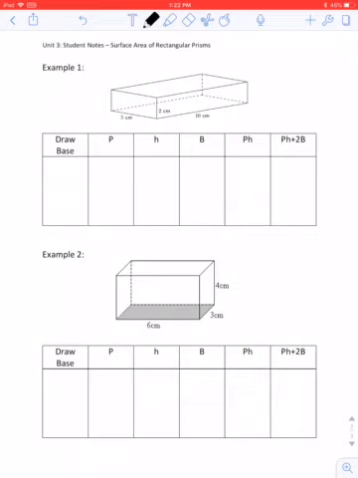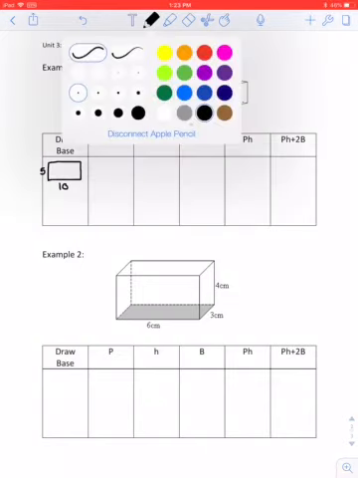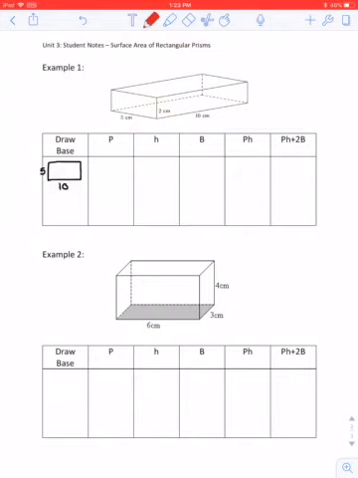So we're going to draw our base. That's the first column of our table. It's going to be a rectangle. But remember what I said, none of these sides are shaded, so I can assume that the base would be where the rectangular prism is seated, which means it would be 5 by 10 on the base. Then we find P, the perimeter of the base, and we add all of our sides, so 5 plus 10 plus 5 plus 10.